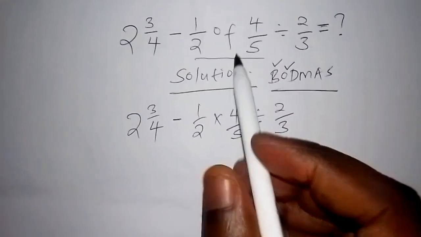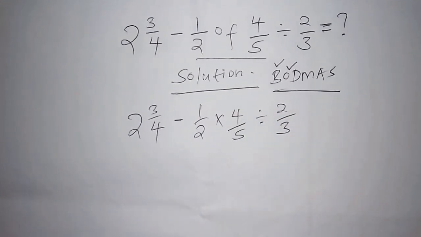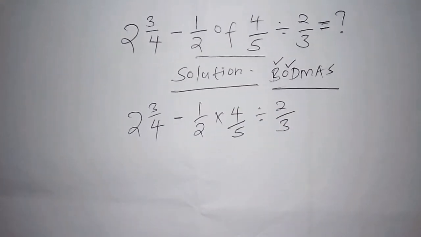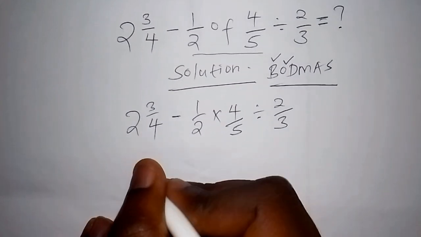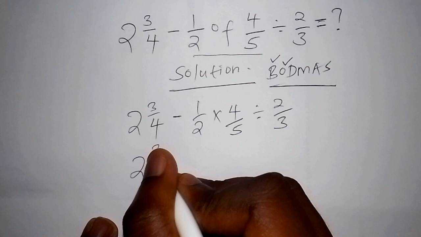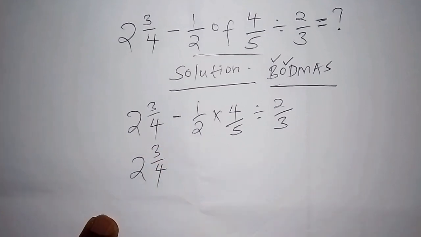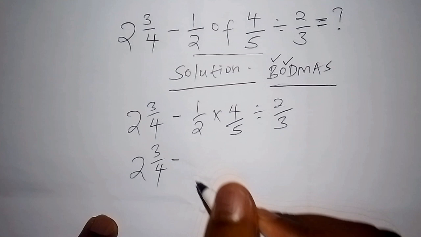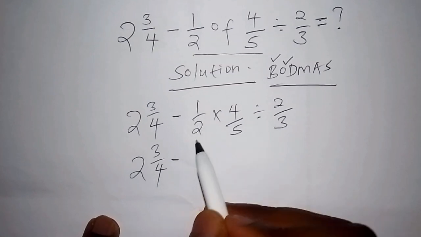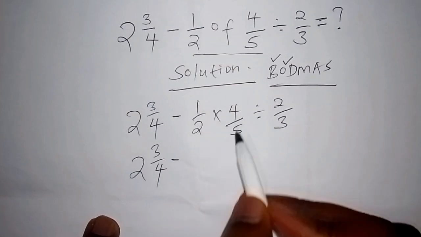We've just changed of to multiplication. So don't forget that of always means multiplication. Let's move ahead. Now we shall have 2 whole and 3 over 4 there, then from there we shall say minus. I want us to work out this 1 over 2 times 4 over 5.